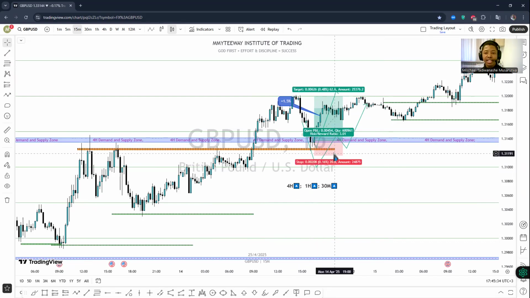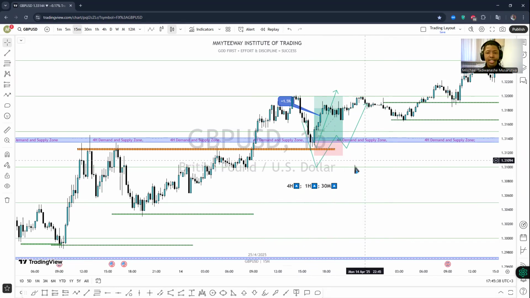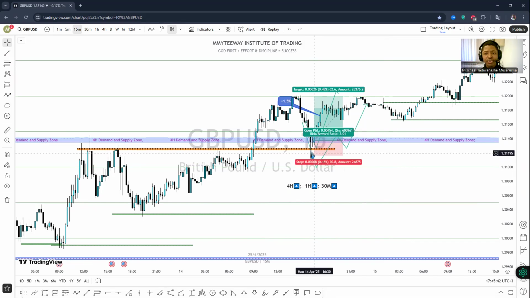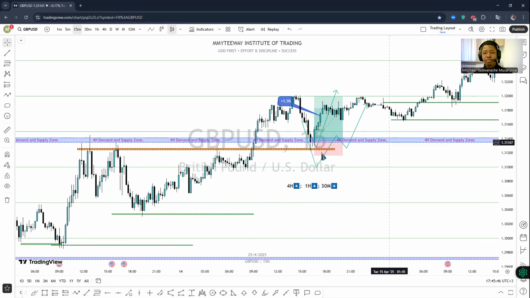Most probably I entered it in the 5 minutes. So you can see, just as it came to the demand and supply zone, the candles did not even close below the demand and supply zone. They became weak candles, like pin bars.